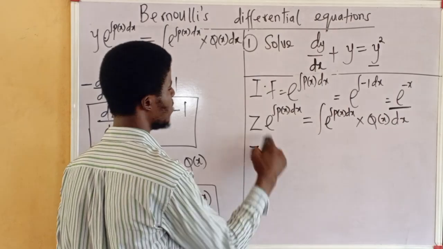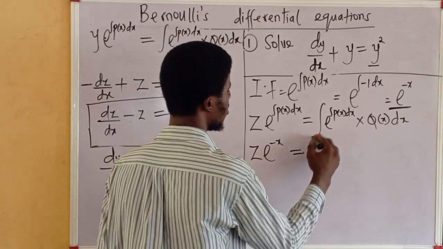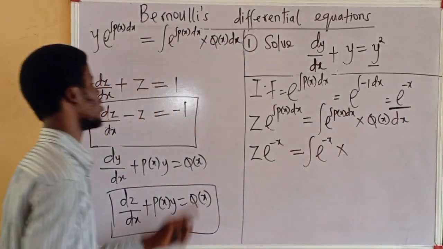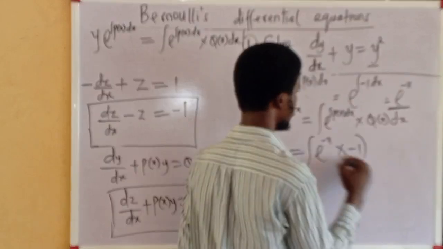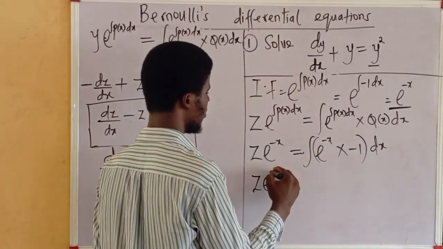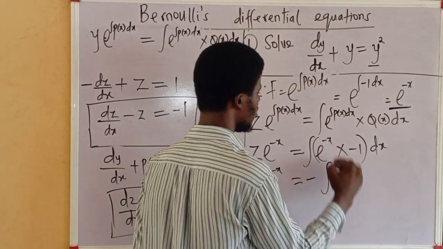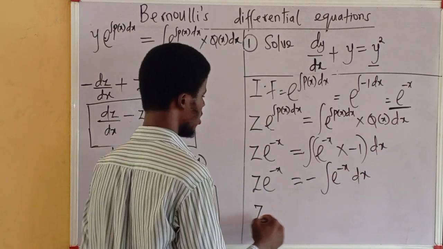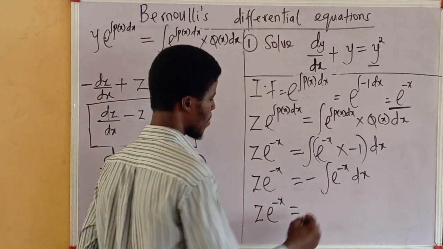So we have z times the integrating factor, e to the power of minus x, equals the integral of e to the power of minus x times q of x, which is minus 1, dx. So z e to the power of minus x is equal to minus the integral of e to the power of minus x dx.